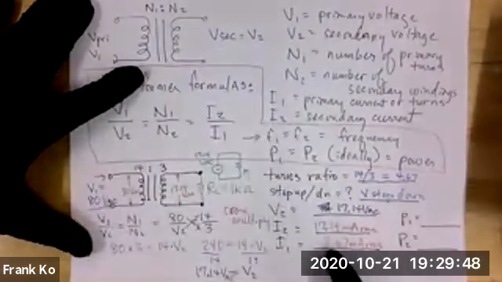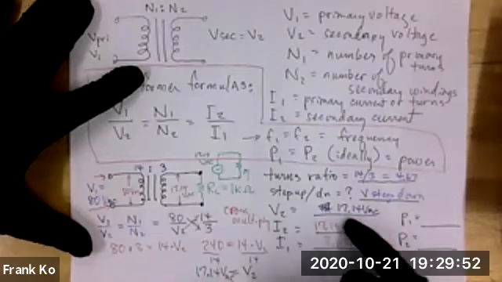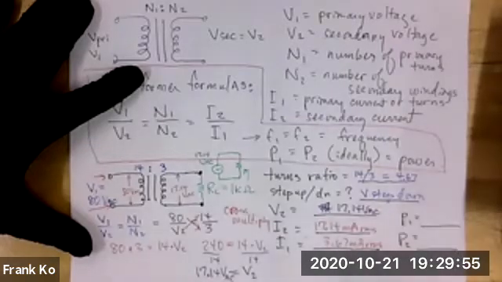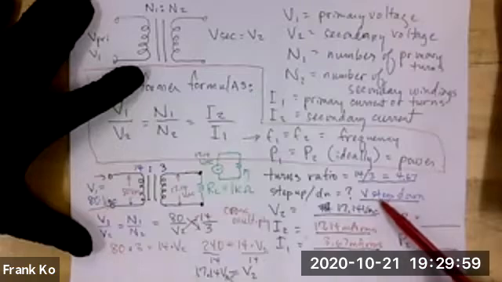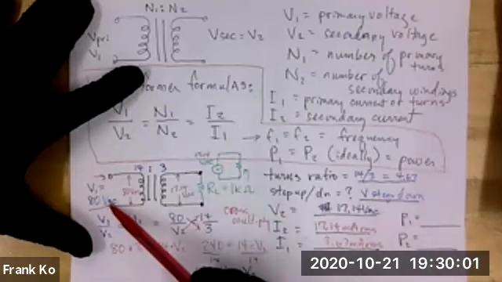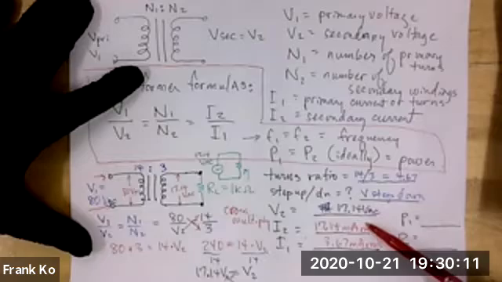Did the current step up from the primary current of 3.67 and step up to 17.14 milliamps on the secondary? It did. So the voltage stepped down, clearly it did. It was 80 volts in the primary, came out to 17.14 volts in the secondary, but the current in the primary, 3.67, stepped up to 17.14 milliamps RMS.